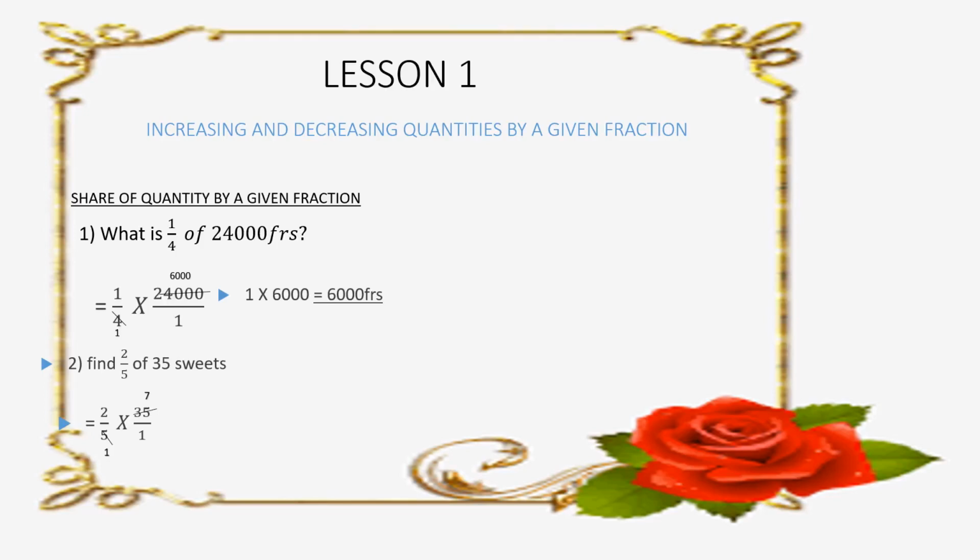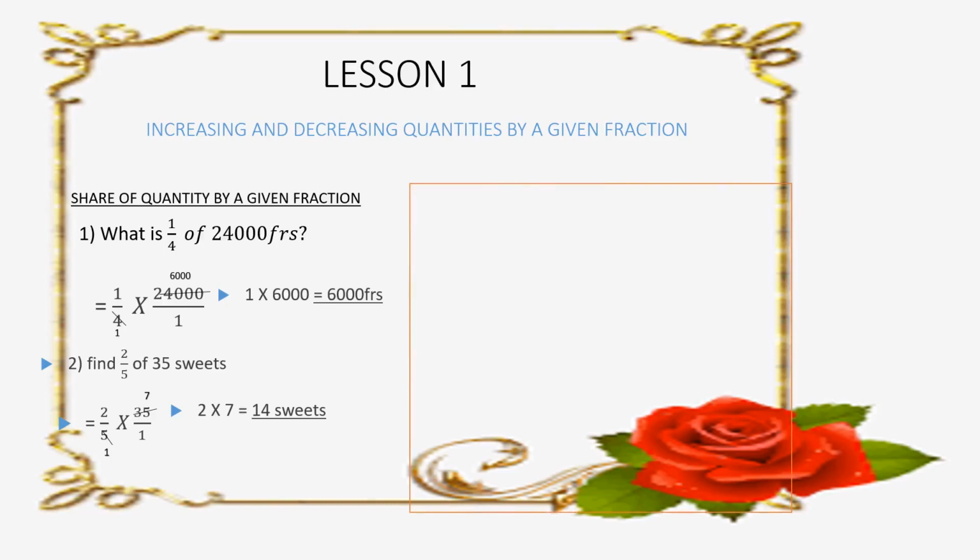So we now have 2 times 7, which equals 14 divided by 1, which is still 14 sweets. So if you are given 35 sweets and they ask you to give 2/5 to your friend, know that 2/5 of 35 is 14 sweets that you have to give to your friend. That is that for looking for a share of a quantity by a given fraction.